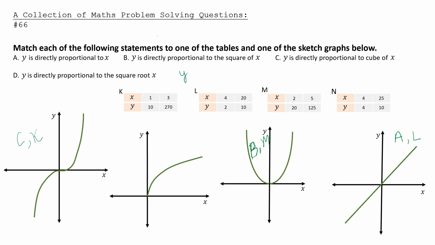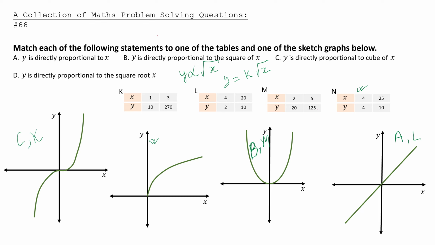y is directly proportional to the square root of x. So obviously it is this graph, and of course the table will be this one, N. But we can check. y is directly proportional to the square root of x, so y equals k times the square root of x.